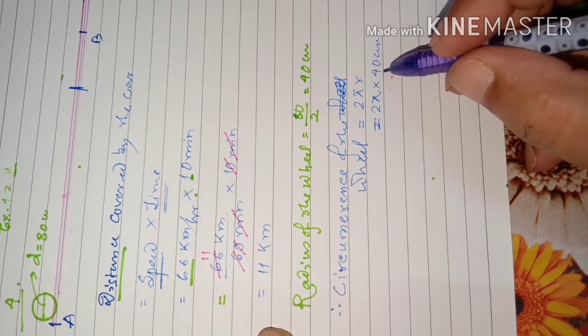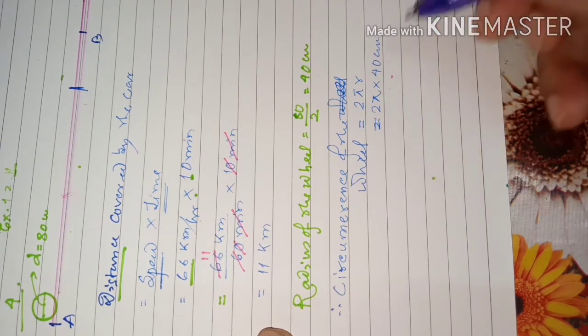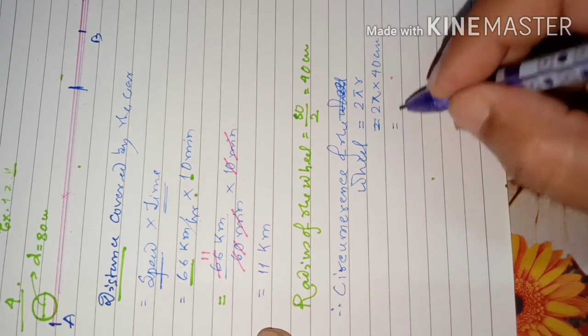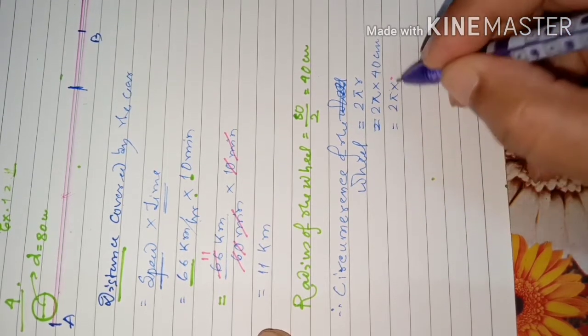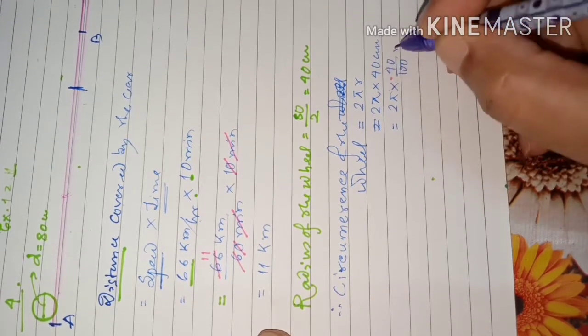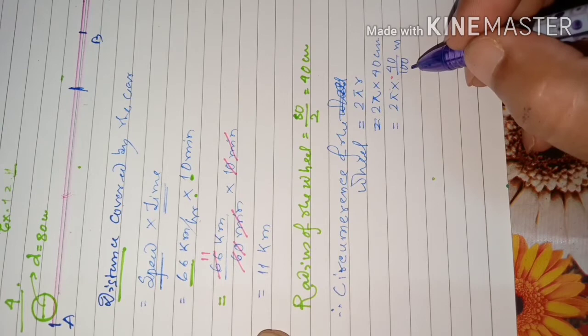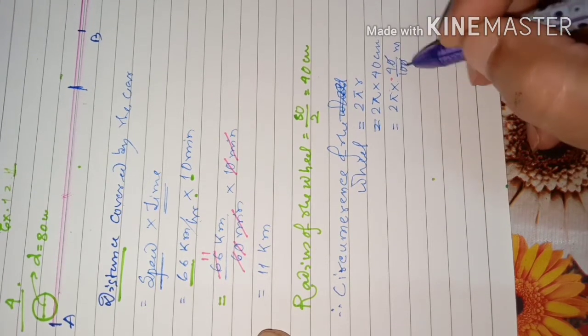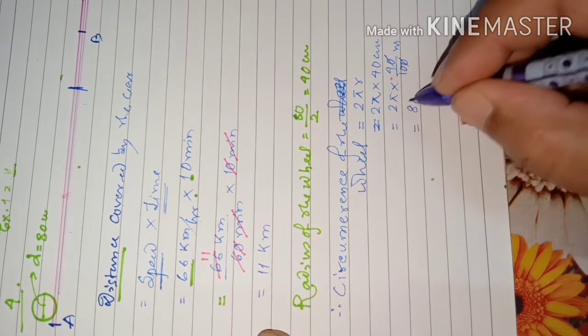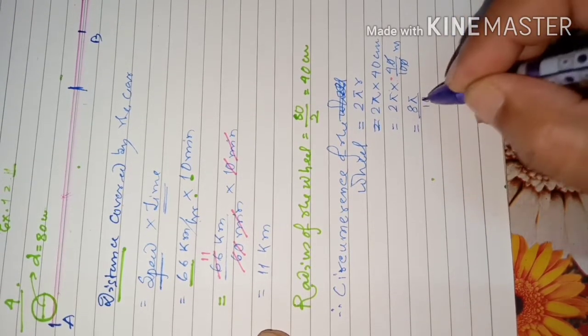You can write in kilometer, or you can write in meter also. If you write in meter, it will be convenient for us. So 2 pi into 40 by 100 meter, centimeter is converted into meter. So we can write like this: 2 into 4, 8 pi by 10 meter.